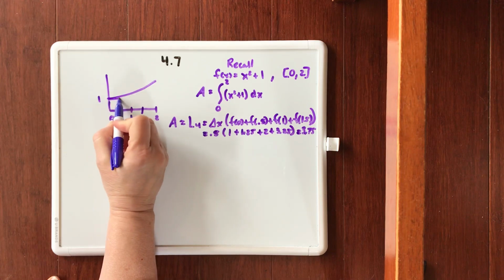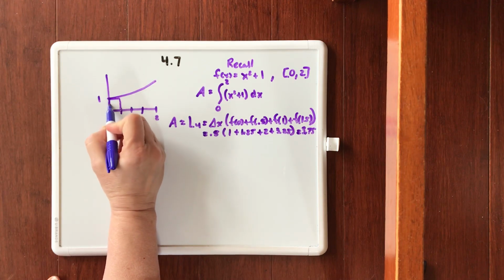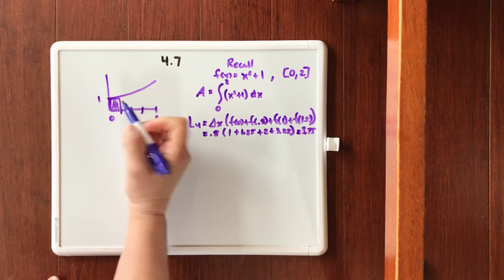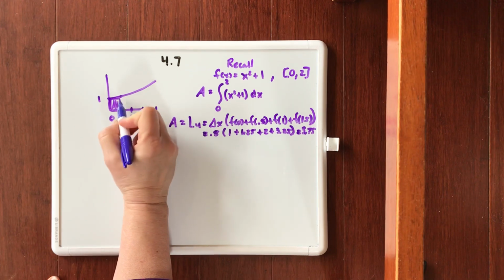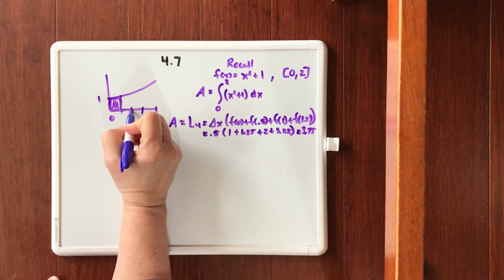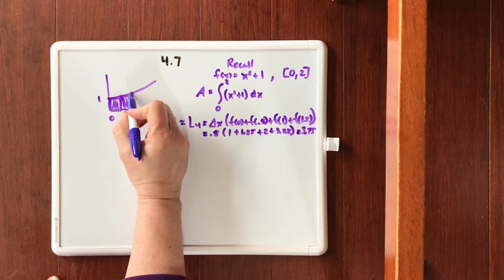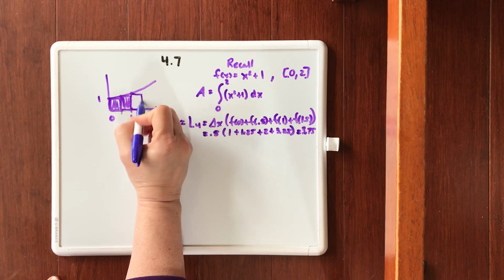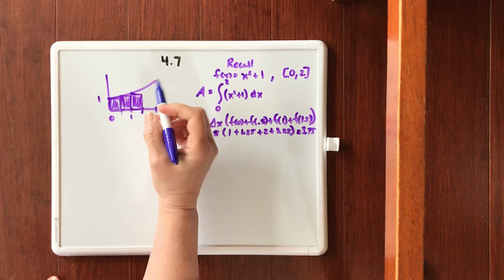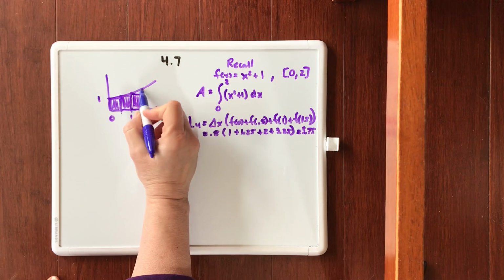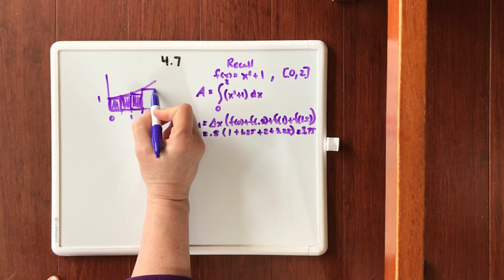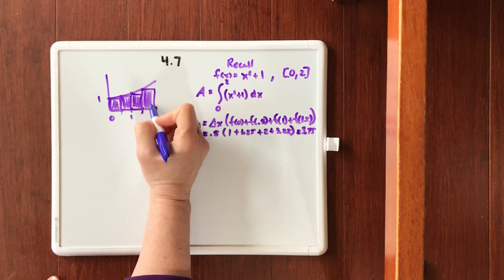We went over here, so we're taking this times this to find this. Then we go to this point and take this times this to find this portion. And then we take this point here, this times this, and then this point here, this times this to find this portion.